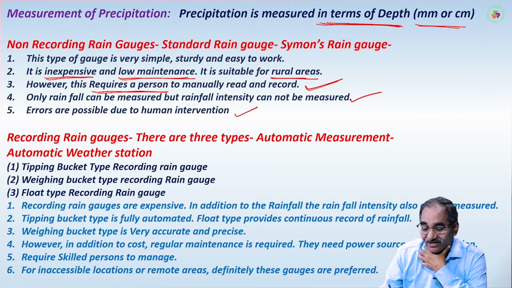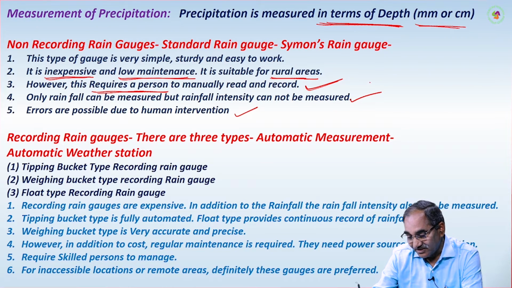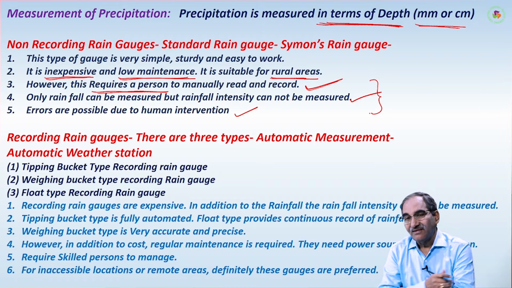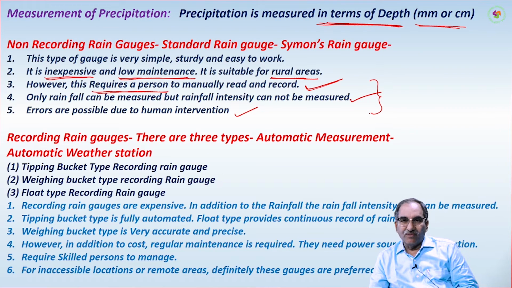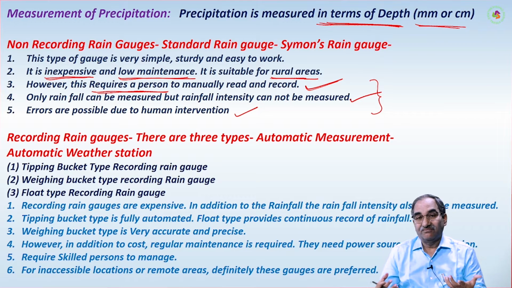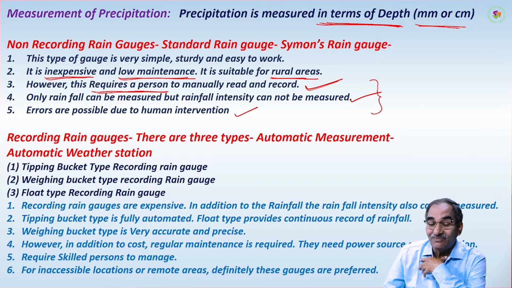So these are the three problems. One is that a person is required to go and measure and record. Second, it cannot give intensity. Third, the possibility of errors is more because human intervention is there.